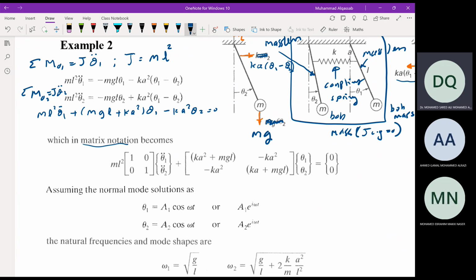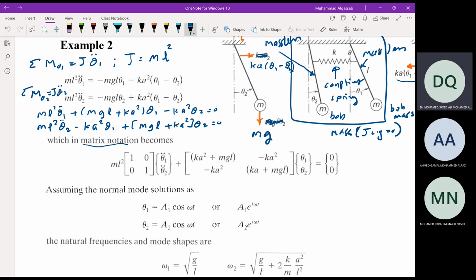This is the first equation. And the second equation we have ml squared theta 2 double dot minus the term that contains theta 1, which is Ka squared, minus Ka squared theta 1 plus mgl plus Ka squared times theta 2 equal to 0.